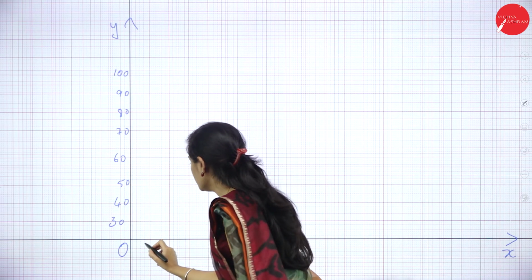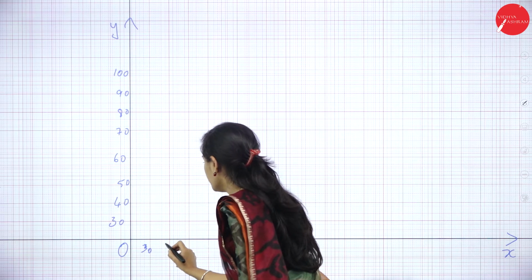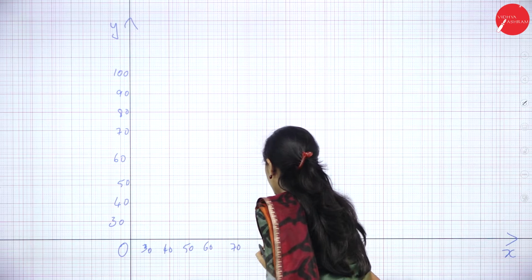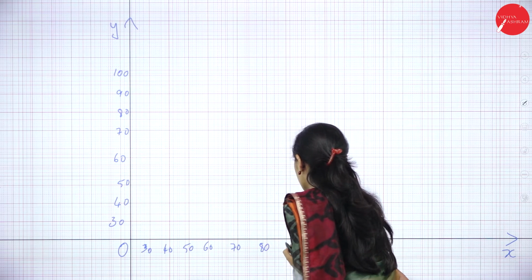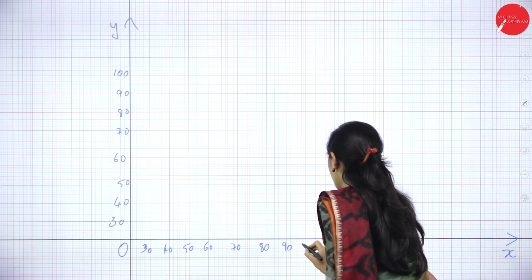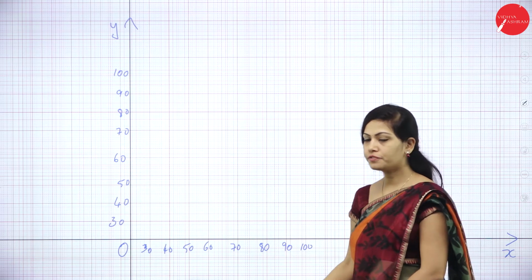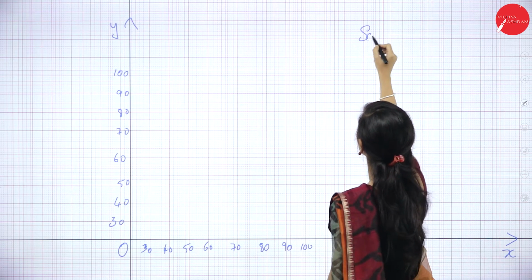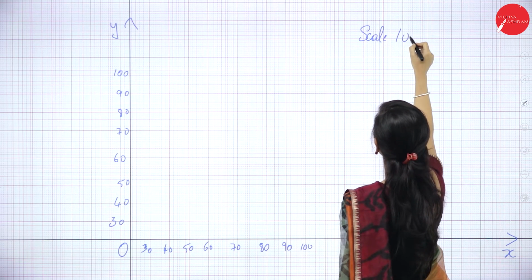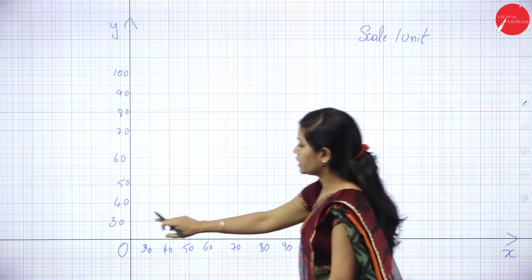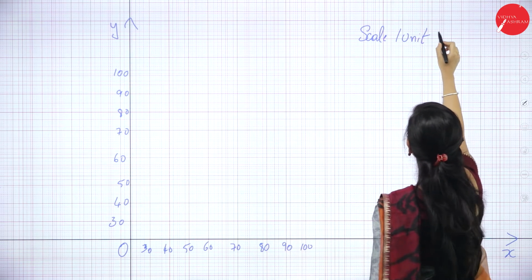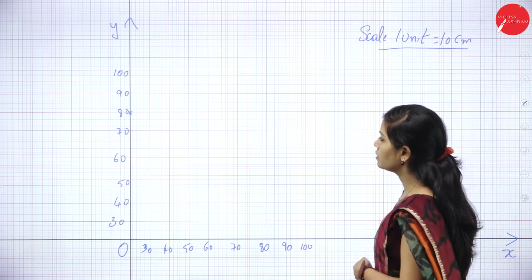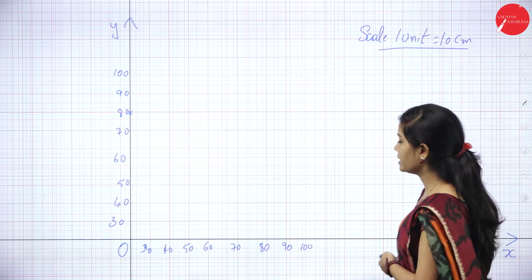Here also I will write the scale points 30, 40, 50, 60, 70, 80, 90 and 100. After drawing this maximum value, we have to find the scale. Scale: 1 unit is equal to 10 centimeters. Now we'll find the point values and draw the constraint lines.